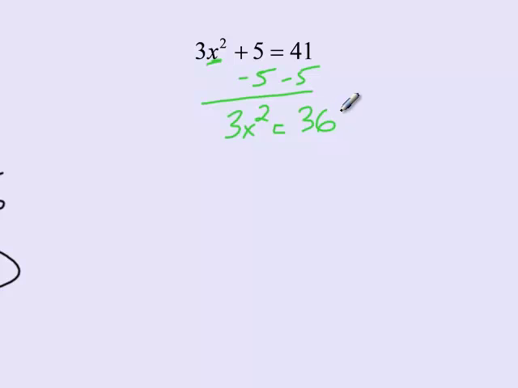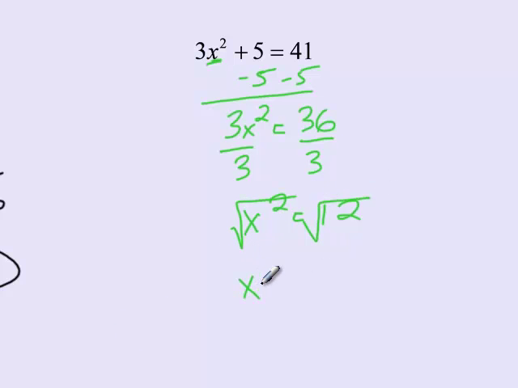Then I'm going to divide by 3 because I need to get the x squared by itself. Now I get x squared equals 12. To undo the square, we square root. I'm going to square root the left side and the right side, and now I get x equals plus or minus the square root of 12.